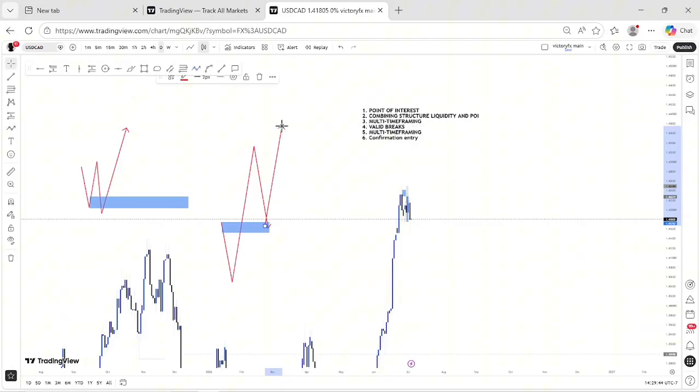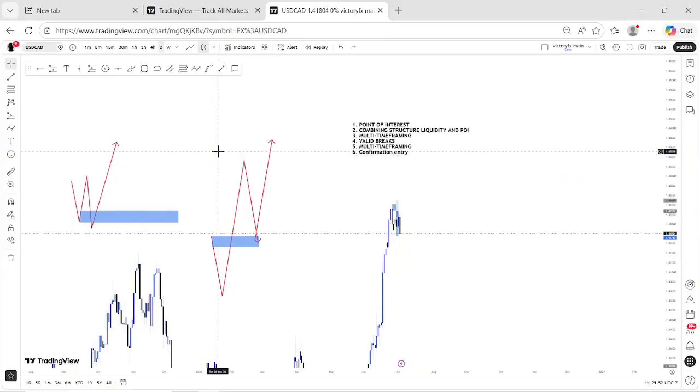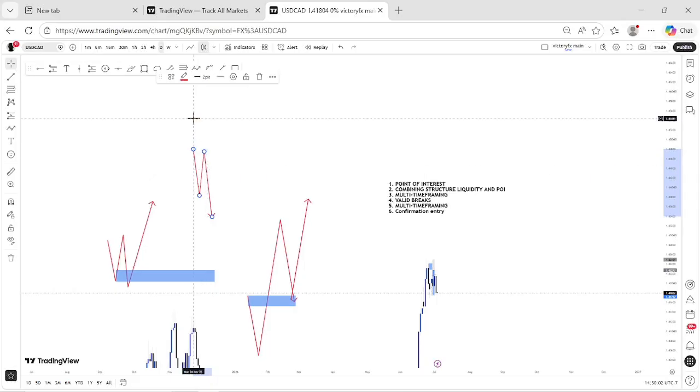But the difference between a breaker block and a breakout block is that there was an accumulation of orders at a particular zone before price broke through it. Now, this is what I mean. For instance, here we have a break of structure, right? And then we have this other block that broke structure. This is a bearish scenario.